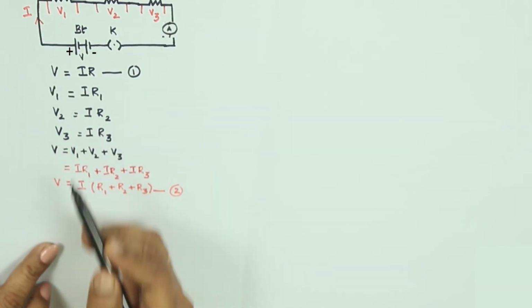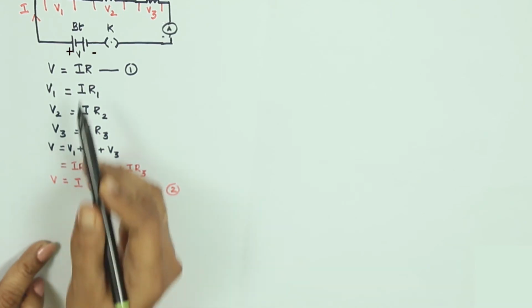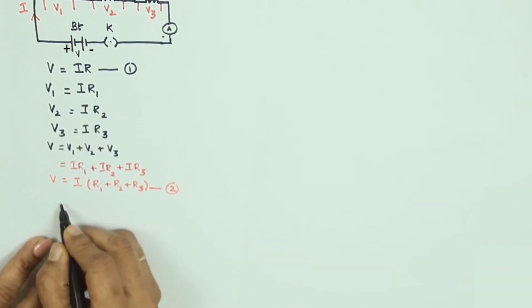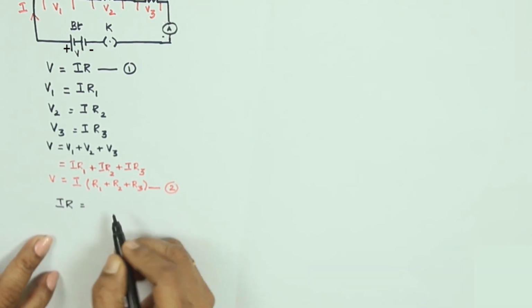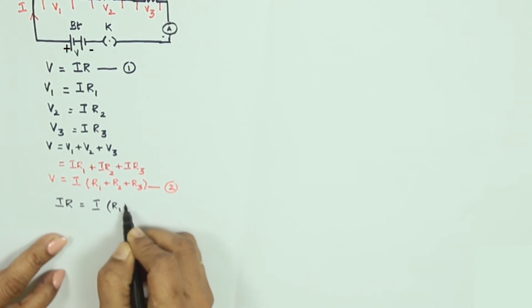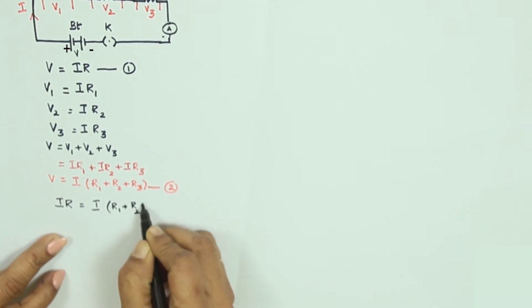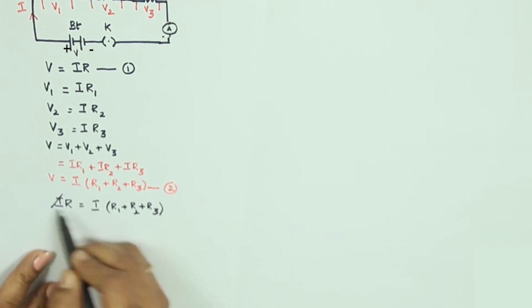Now the left hand sides of equation 1 and equation 2 are the same. So we can equate the right hand sides. So what can we write, IR is equal to I into R1 plus R2 plus R3. So I and I get cancelled.